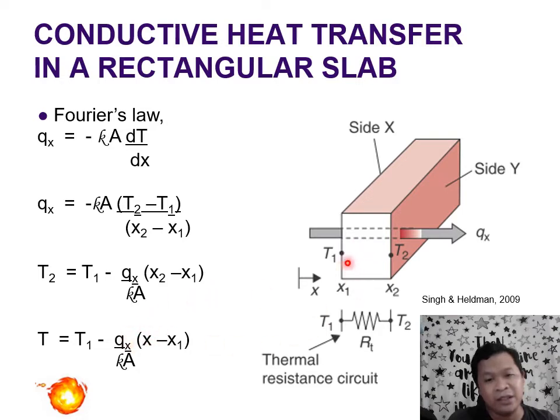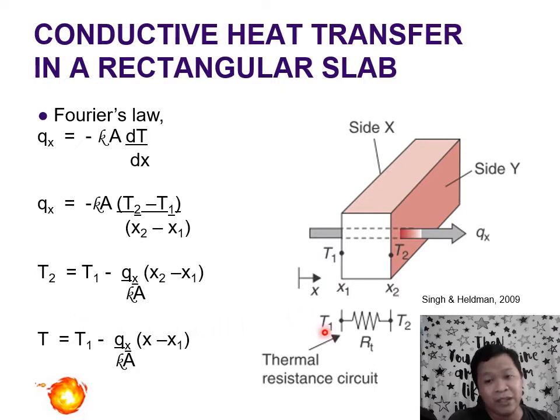So tulad na nakita nyo kanina, it will be a gradient from x1 to x2. Any point within this thickness will have a linearly increasing or decreasing temperature based dun sa T1, T2, x1, x2. No? So you can actually find out the temperature from any point within this slab using this equation.